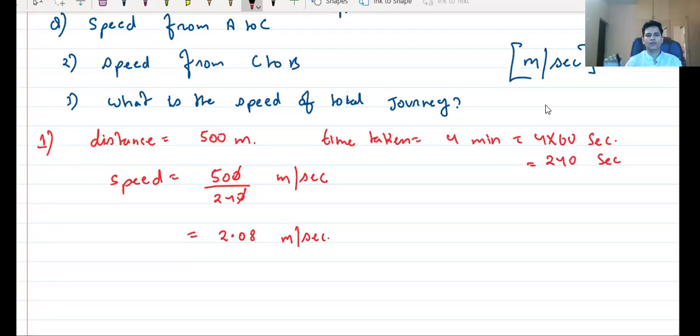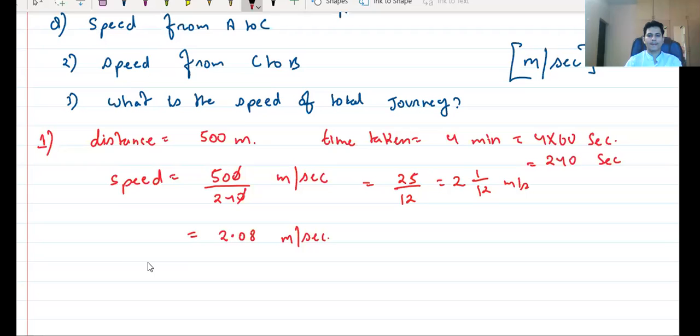Anyone have any issue in this? Yeah, it can be cancelled. It can be written as 25 by 12, or 2 and 1 by 12 meter per second. So this is the same, I just wrote it like this.